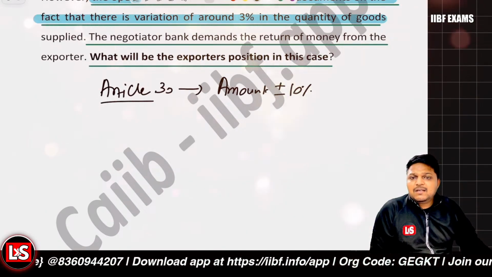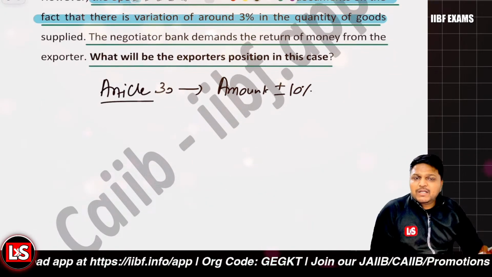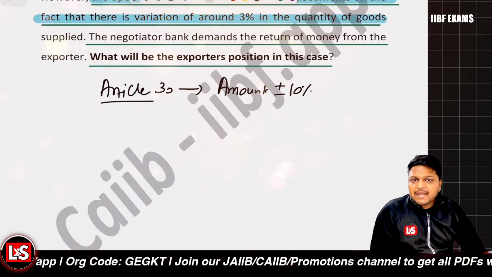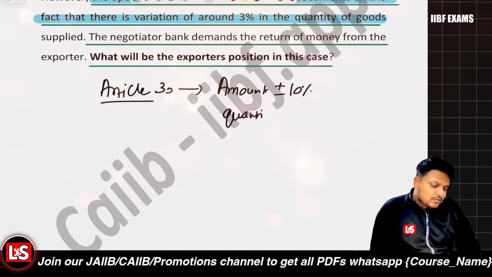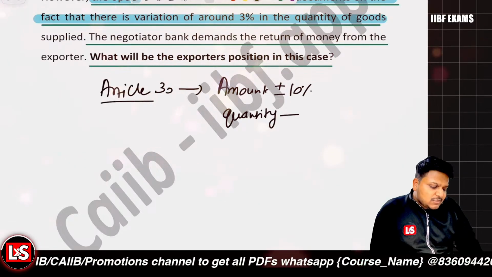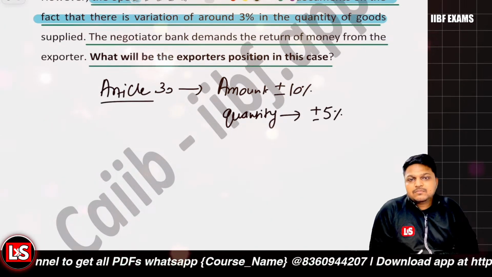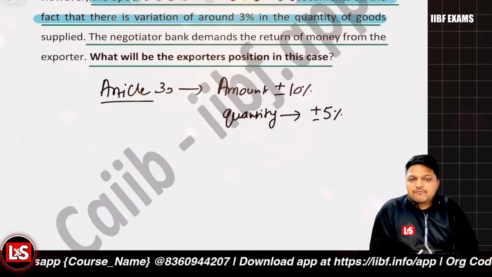Article 30 clearly says that if the LC does not specify the quantity in terms of the stipulated number of packing units or individual items, then for quantity purposes the tolerance allowed is plus minus 5%.